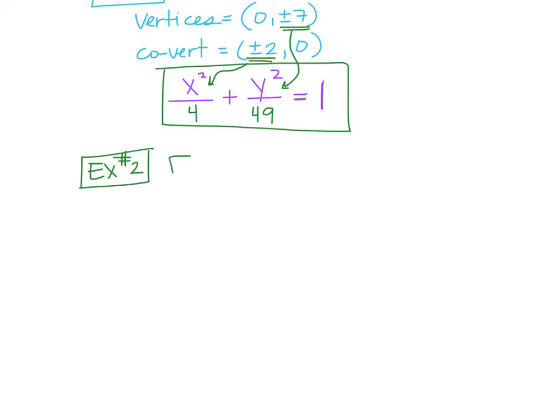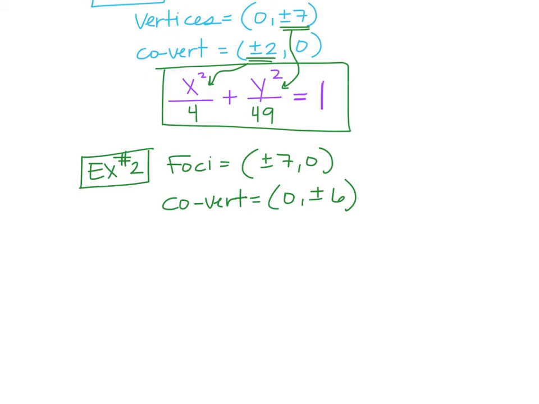Let's say your foci are plus or minus 7, 0, and your covertices are at 0, plus or minus 6. Okay.